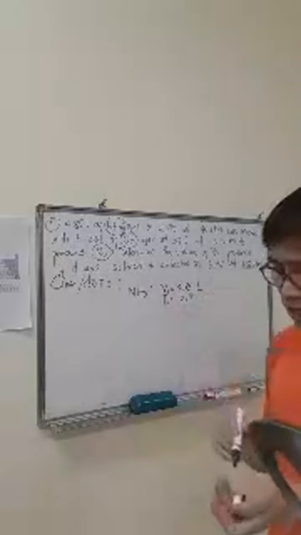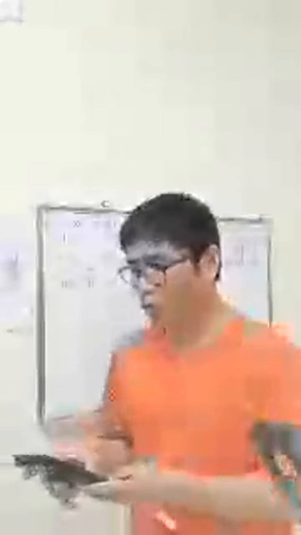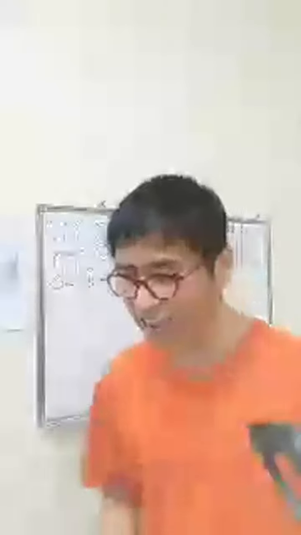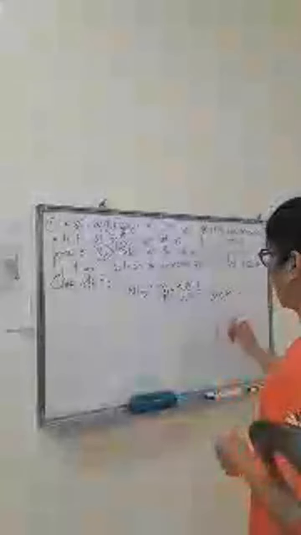We convert that to Kelvin to make it easy: 27 plus 273 is equal to 300 Kelvin.